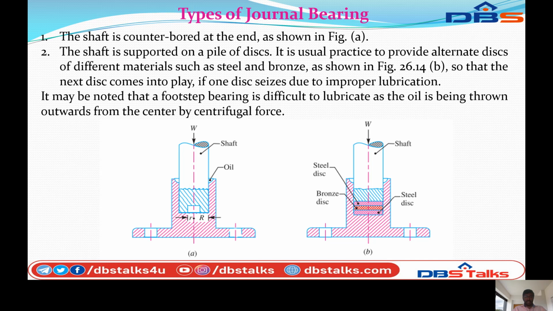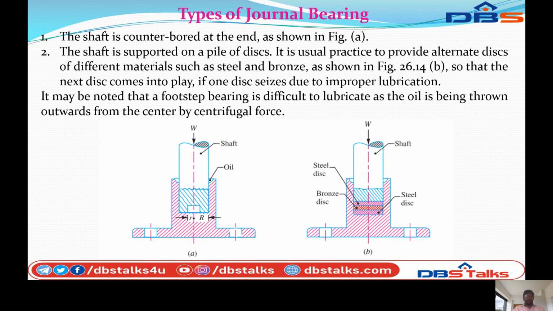The oil is poured into the hole. The shaft is placed at the center of the hole, but with the help of weight W, the load is applied, and the shaft will touch the hole base.